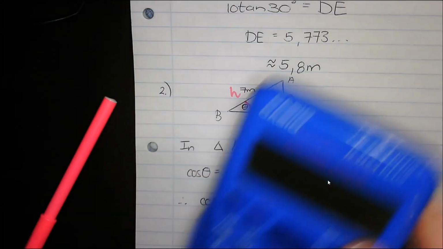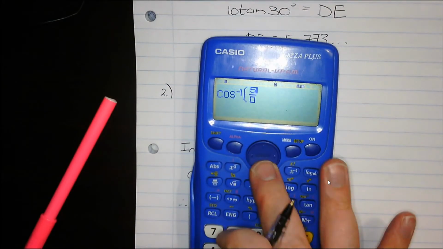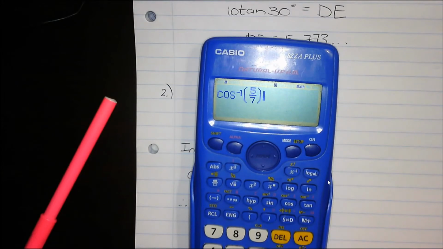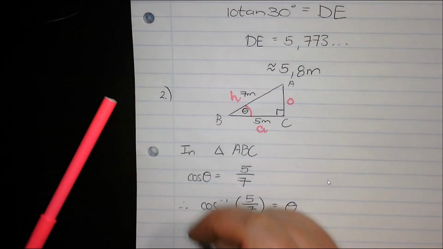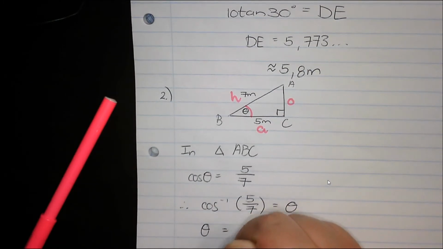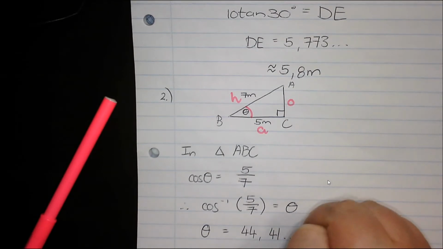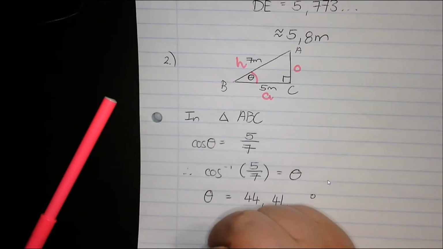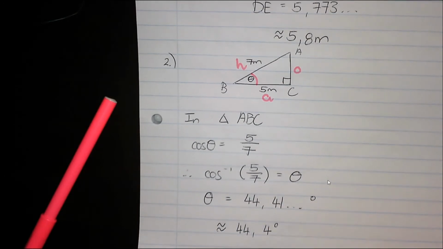So we're going to press shift cosine of 5 over 7, and that's going to be 44,41. So theta is 44,41 blah blah blah degrees, and we're going to round that off to 1 decimal place, 44,4 degrees.